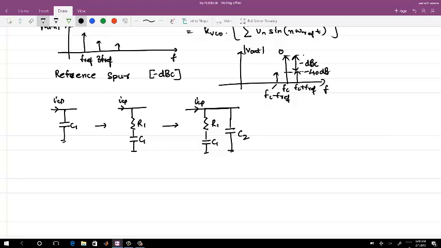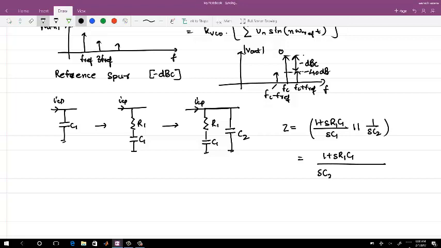Now the impedance of this loop filter is 1 plus SR1C1 by SC1, in parallel with 1 by SC2. Okay, which is 1 plus SR1C1 by SC2 plus SC1 plus S squared R1C1C2.